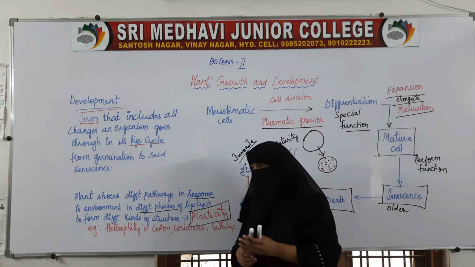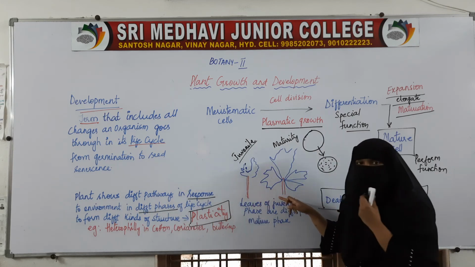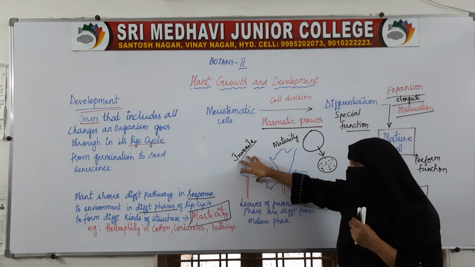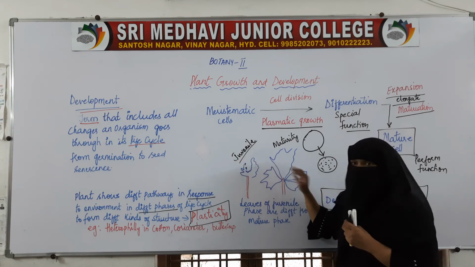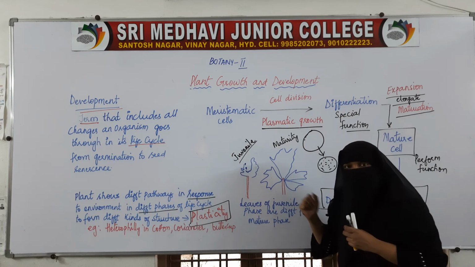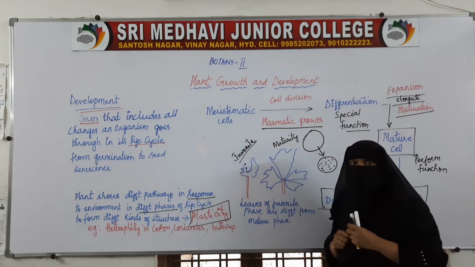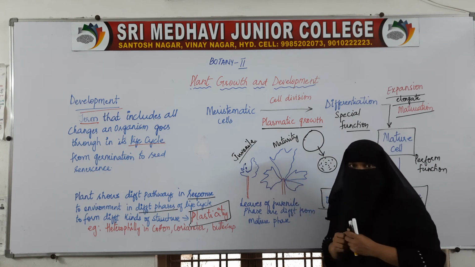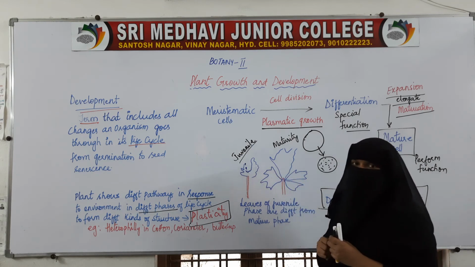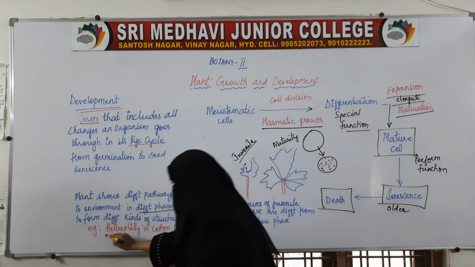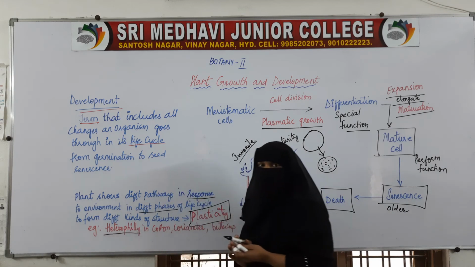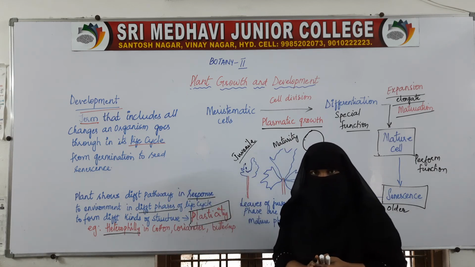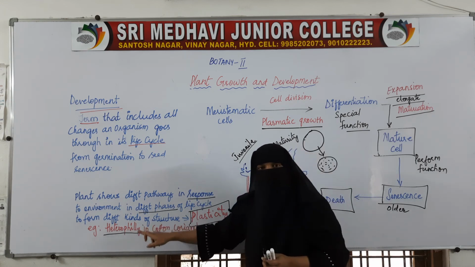Here, heterophylly is the example: in the juvenile phase the structure is different, and in the mature phase the structure is different. Hetero means different. Different structures in different phases is called heterophylly.